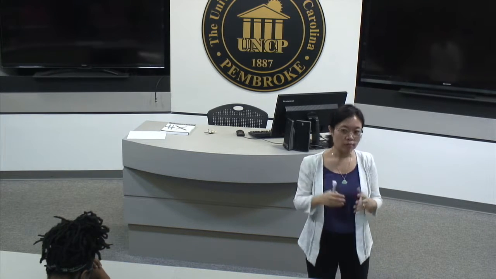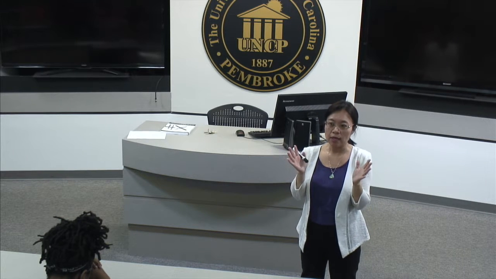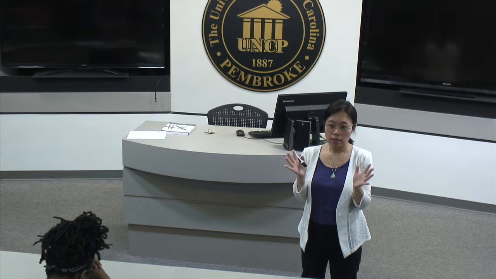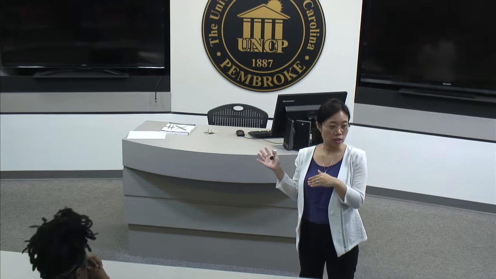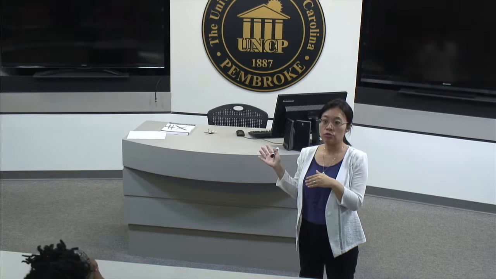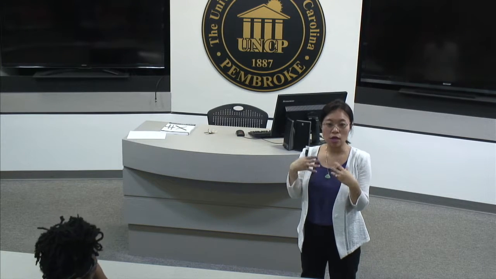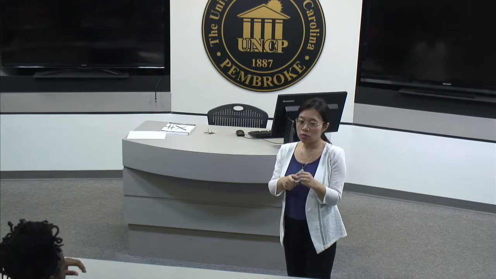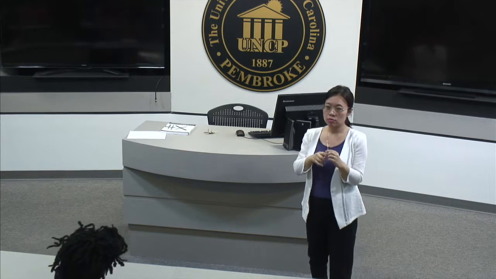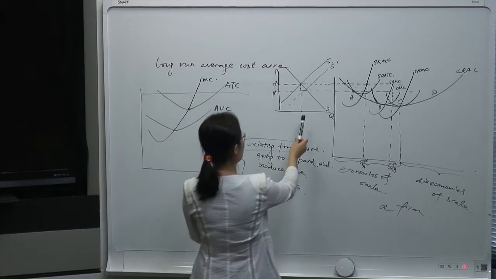So what I'm saying here is, if somebody is making a huge profit in this market, the firms outside this industry or market are not going to sit there doing nothing. They're going to try to come in and compete with you, to share this profit margin with you. So when that happens, I want to ask you how that's going to be described in this graph.